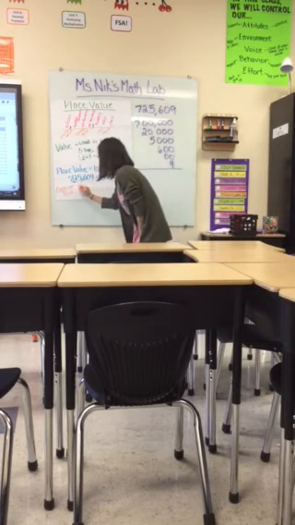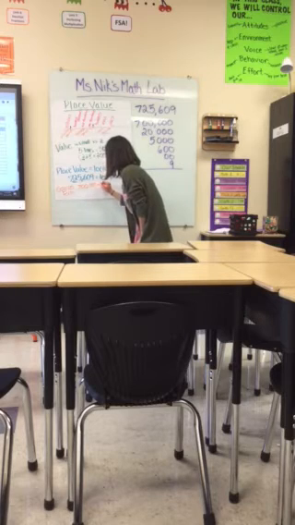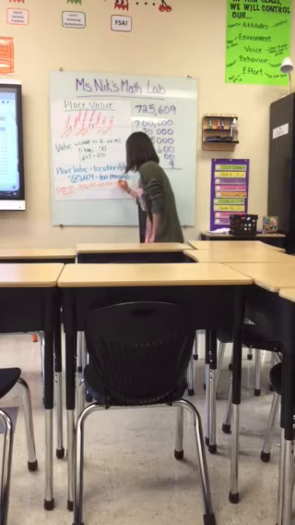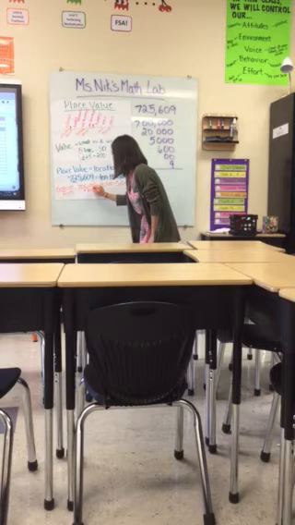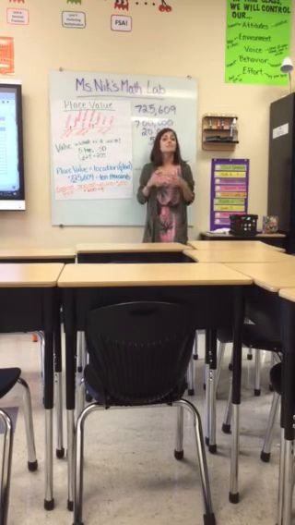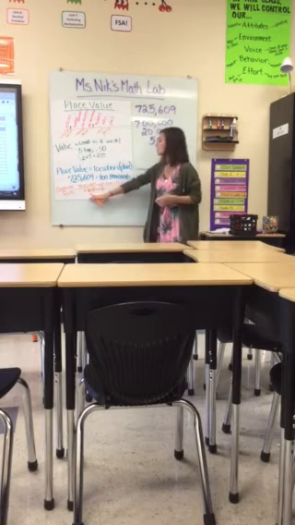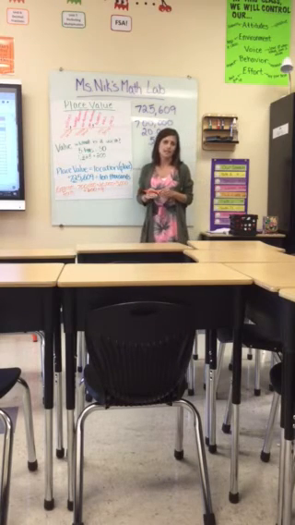So that's going to be 700,000 plus 20,000 plus 5,000 plus 600 plus 9. So my expanded form should look like this when I turn it in on my test or write it as my answer.